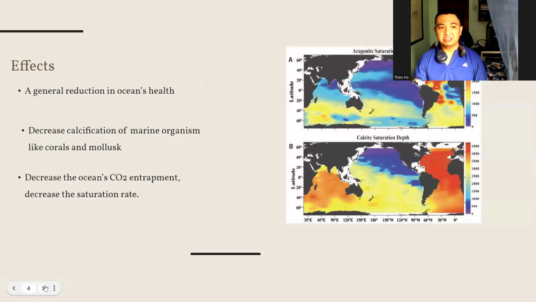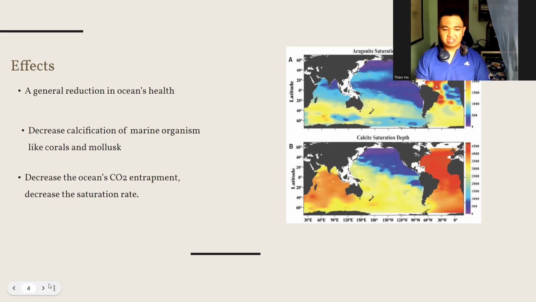The general effect of this can't be measured by our current models, but we can deduce that in general it would decrease the ocean health. You could think of the whole ocean like a big body that has intricate interactions between organisms, and these interactions decide the ocean's general health and the healthiness of an ecosystem.